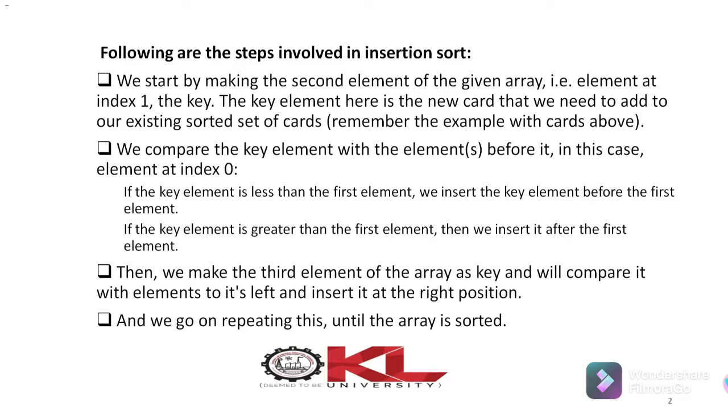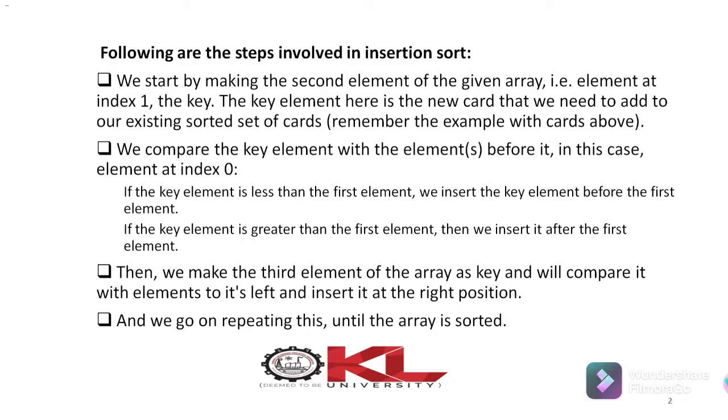And in the process, suppose the key element is greater than the first element, then the key element should be inserted after the first element and before that third element.